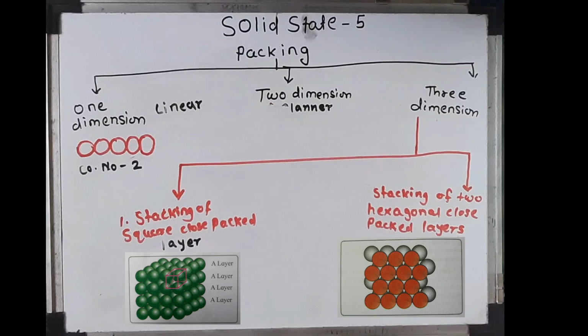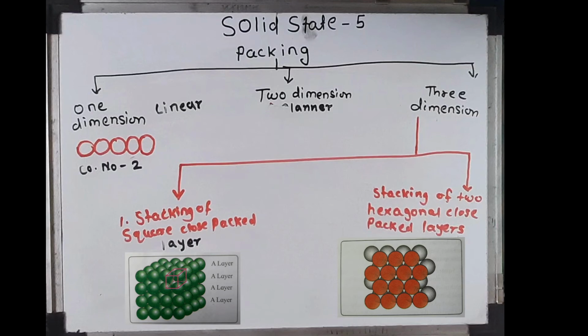If the first layer is labeled as A, the second layer is labeled as B. Because the two layers are aligned differently, it is evident from the figure that all triangular voids of the first layer are not covered by the spheres of the second layer.